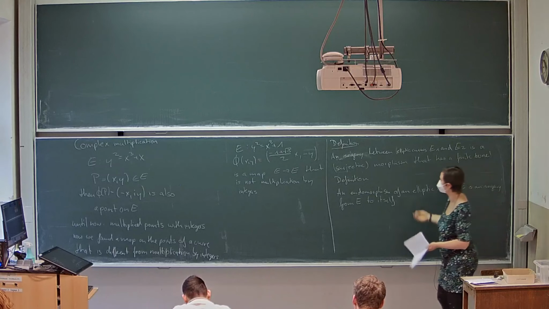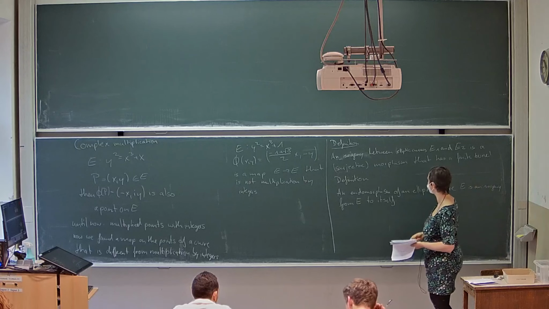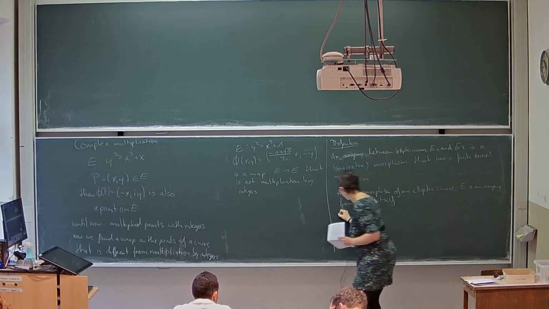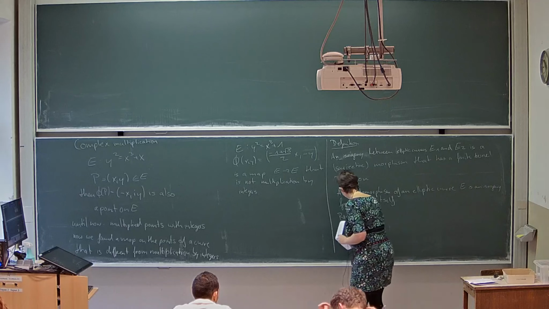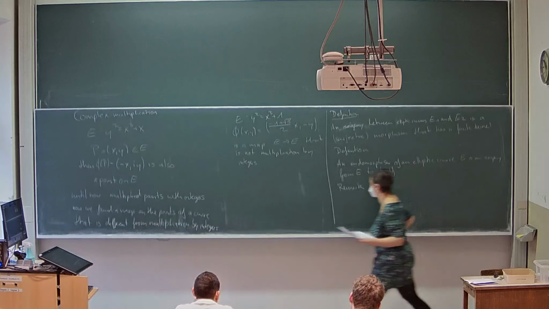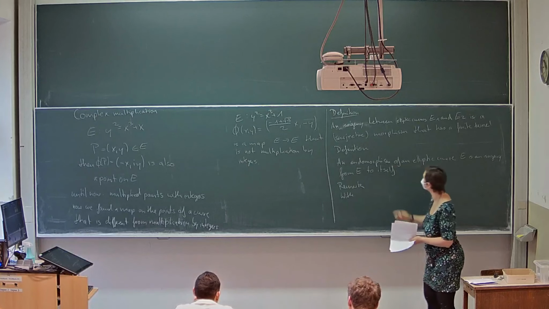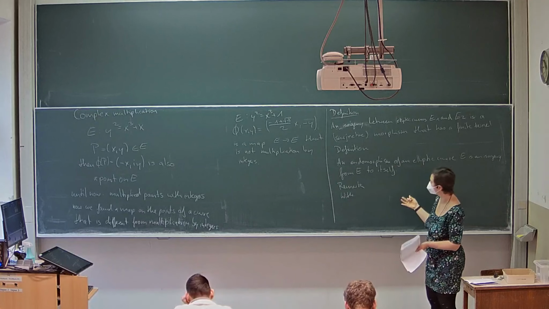Of course, this only has to hold for each endomorphism at once and not for all at the same time. And then a small remark that we will not prove: the endomorphisms of an elliptic curve form a ring.